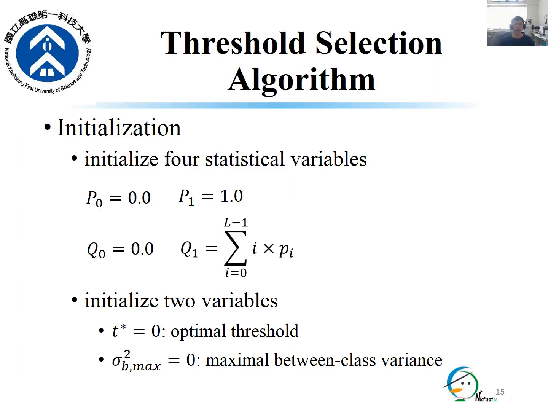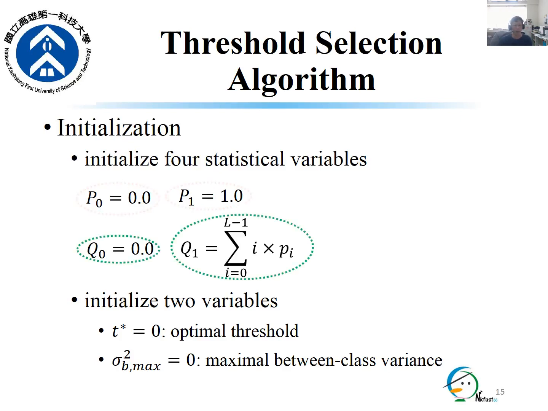In the initialization step, we first declare and initialize 6 variables. The first 4 variables are for computing between-class variance. Initially, we consider class 0 empty and all pixels in class 1. Thus, P0 is set as 0.0 and P1 is set as 1.0.